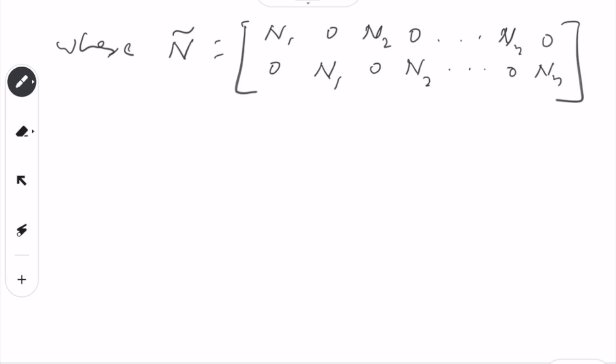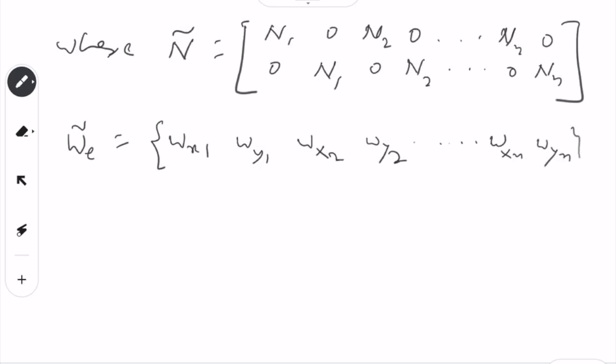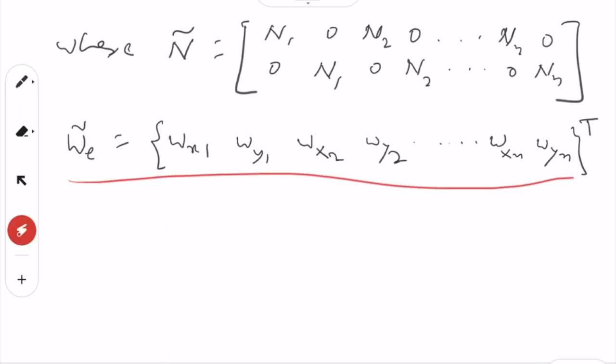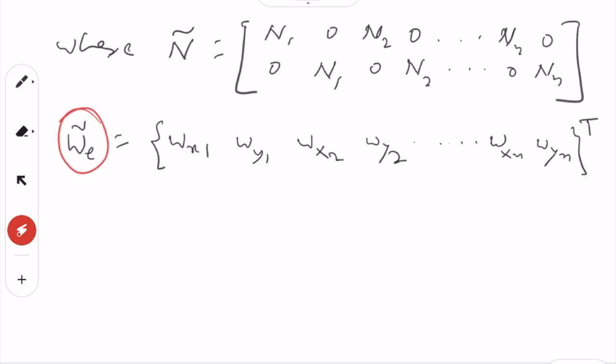And then W_e tilde is equal to w_x1 w_y1 w_x2 w_y2 and so on till w_xn w_yn, and the transpose of that. So this is how w is a vector.